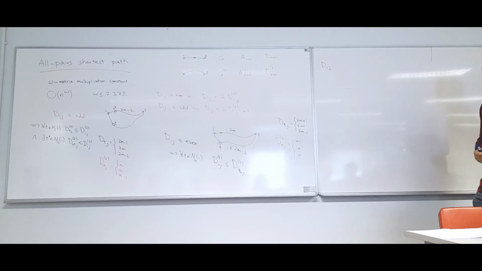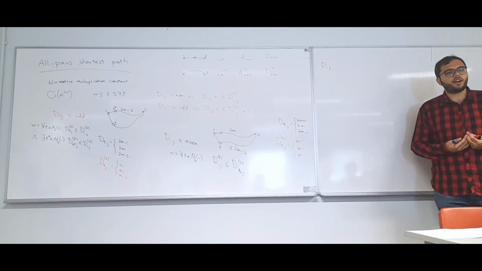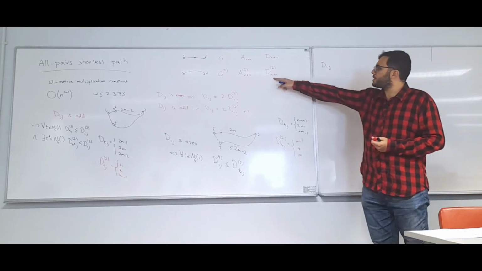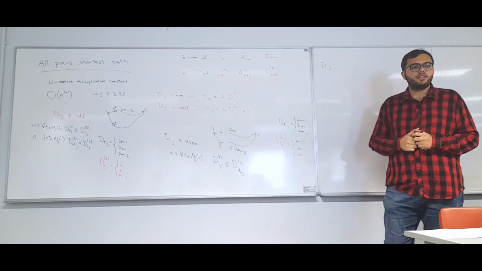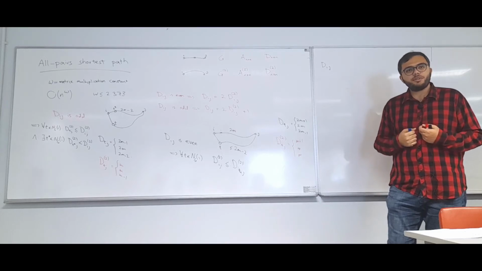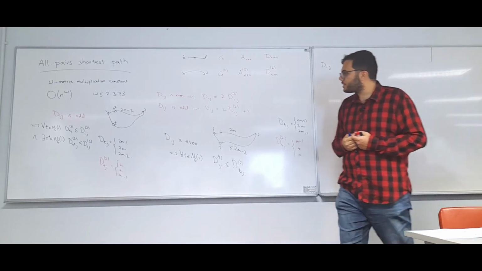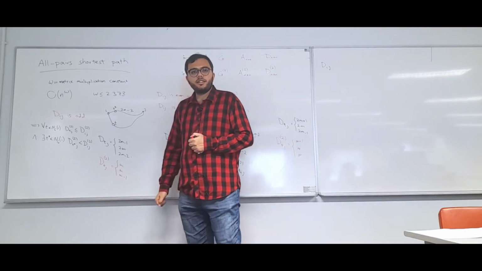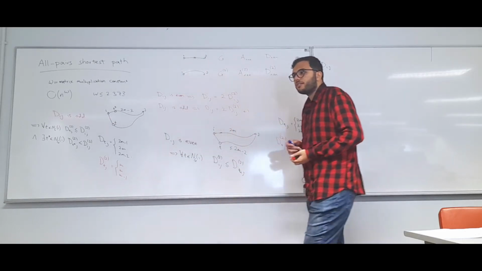Okay, but now how much time am I spending on computing Dij from this matrix D2? Again, the problem that we have is that we're going through all the neighbors of I. Right?